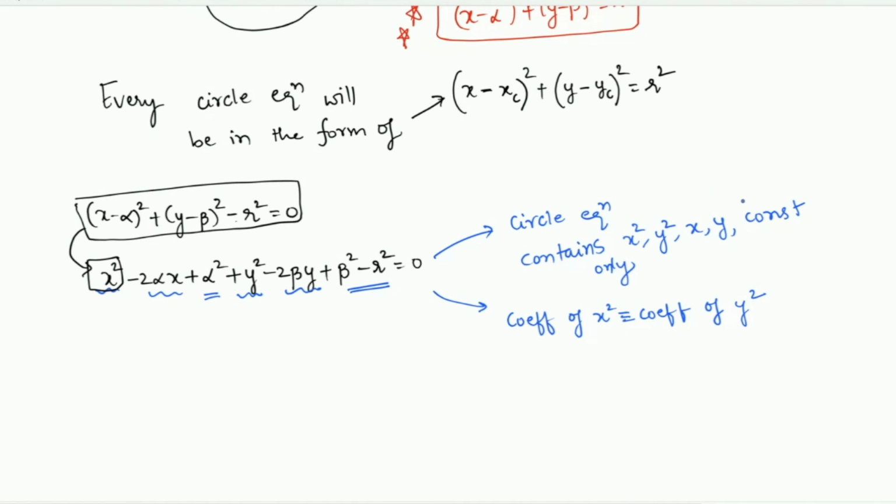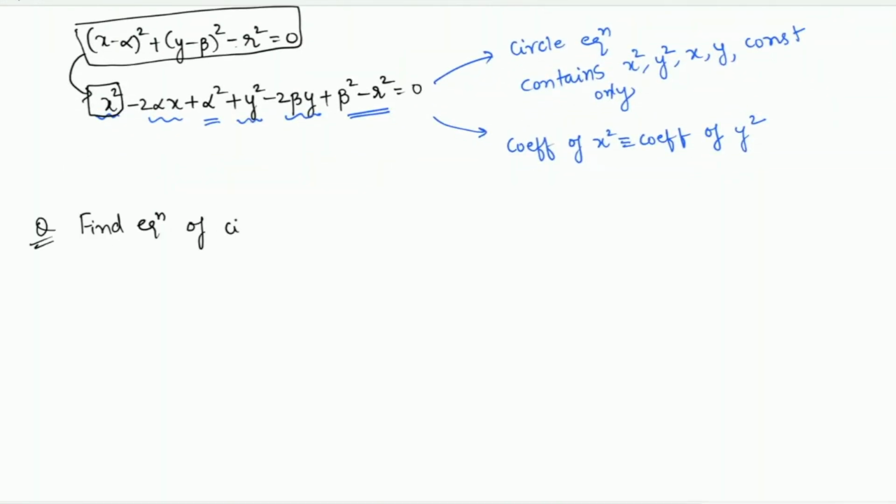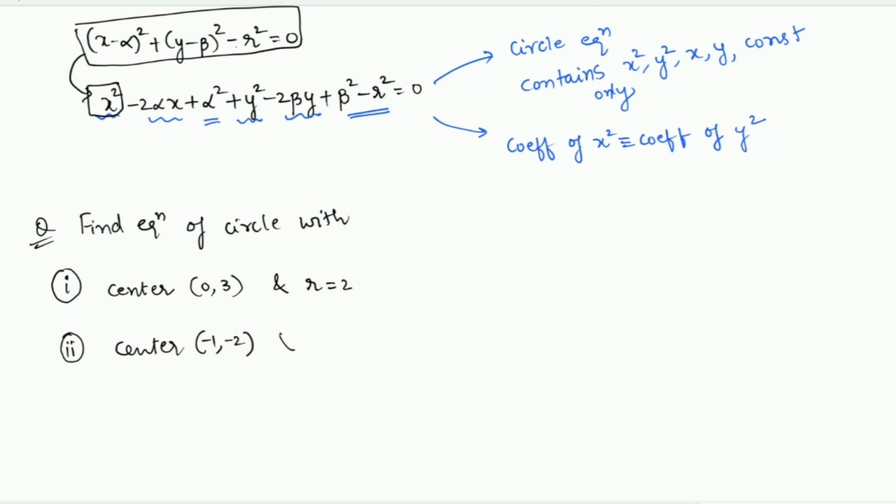All right. Let's do just 2-3 examples. Find the equation of the circle with, first question, center (0, 3) and radius 2. Second question, center (-1, -2) and radius √5.